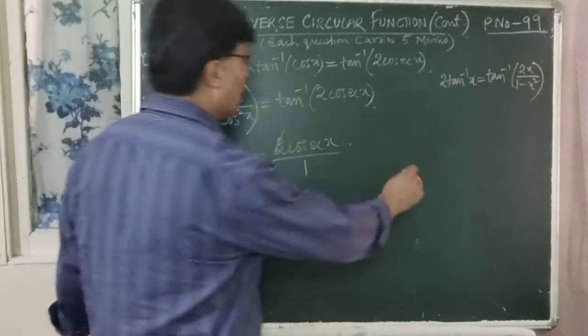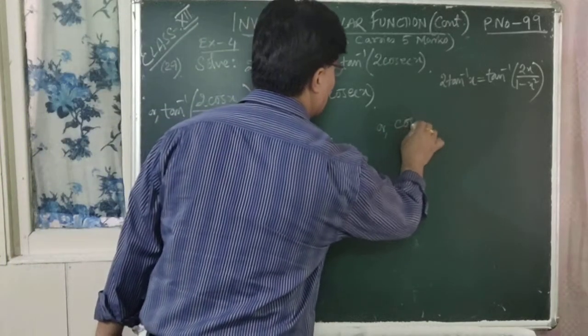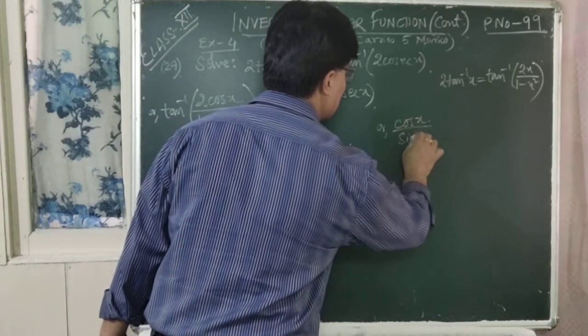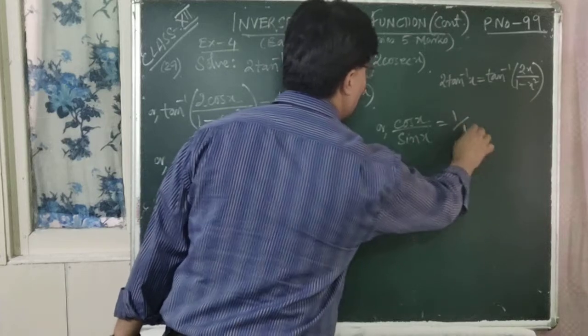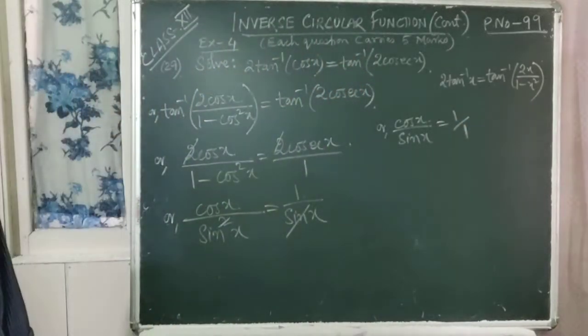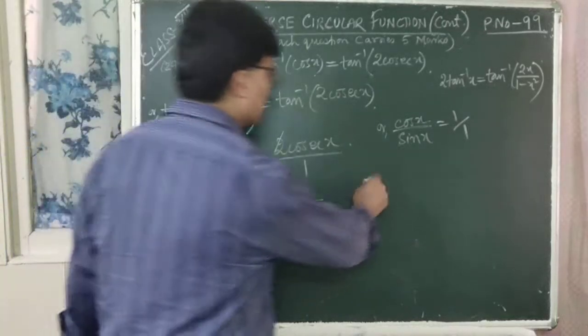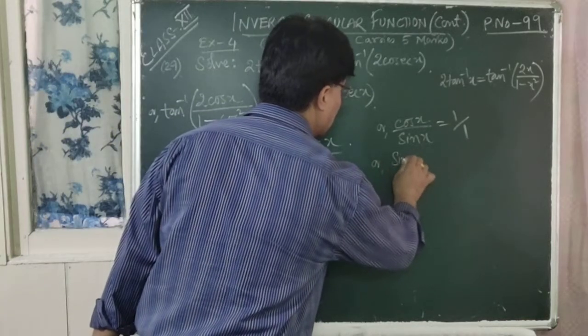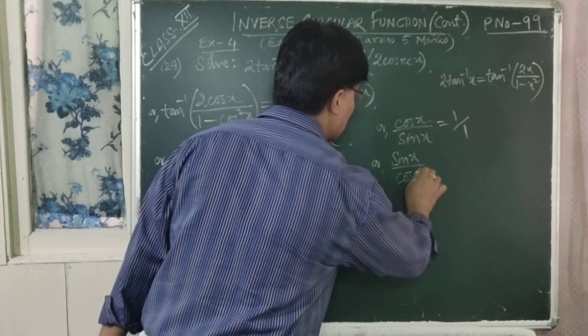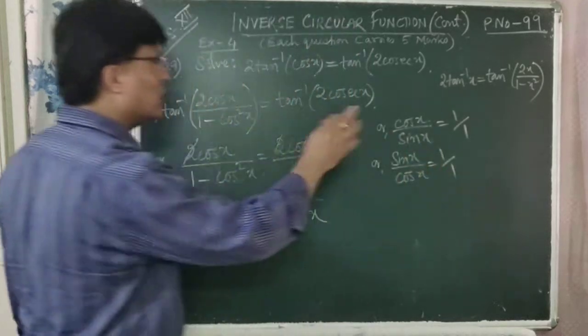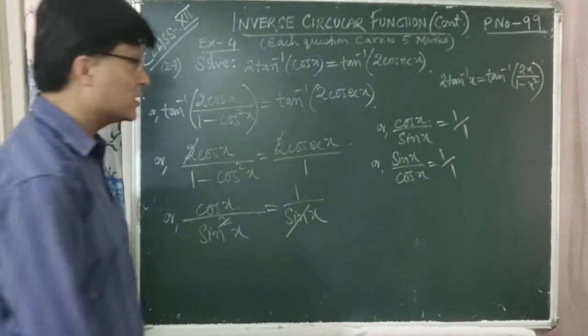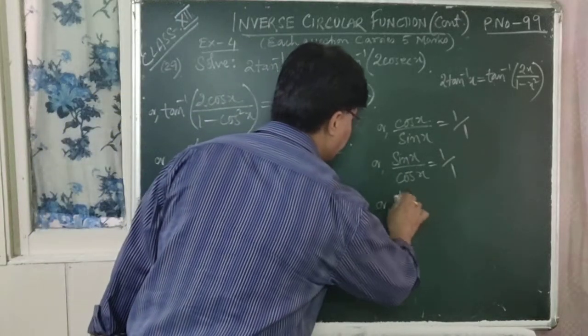Okay. So this is cos x by sin x, which is equal to 1 by 1. You can invert both the sides so that we can write it in terms of tan x, right? So it is sin x by cos x is equal to 1 by 1. Actually, we are inverting both the sides. What is sin x by cos x?